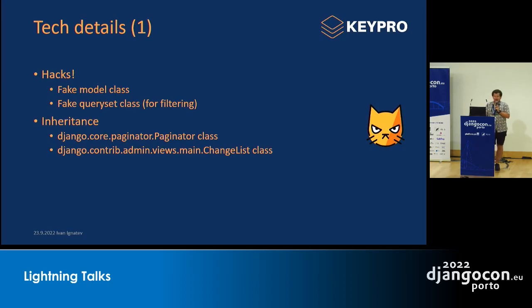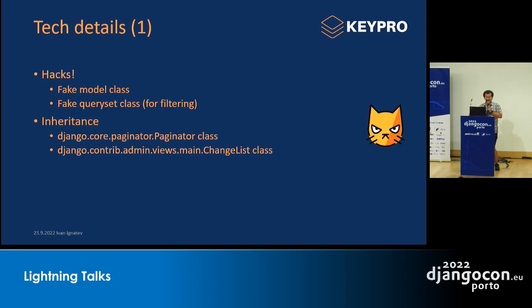What do you actually need? First of all, you need some hacks, and it's making a fake model and fake query set. Model can be just a data class or something like it, and query set can be just a list with some custom functions for filter or something if you need it.